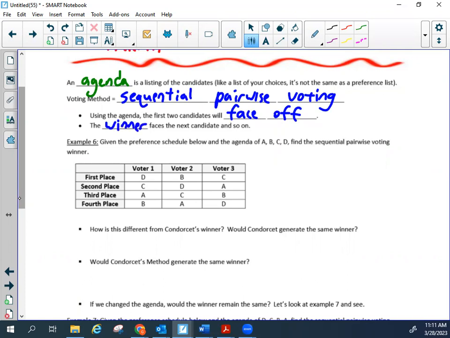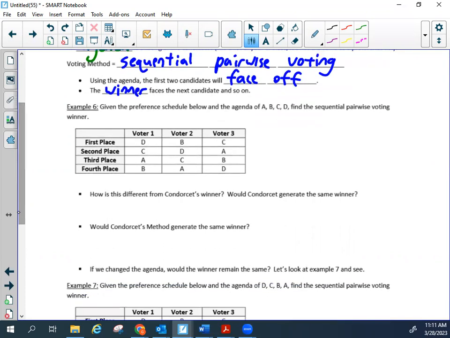faces the next candidate. So in sequential pairwise voting, I have to give you the agenda. The agenda is the order that we put these guys head-to-head. So in this case, I'm giving you an agenda of A, B, C, D. In that order, we cannot mess with the order of the agenda.